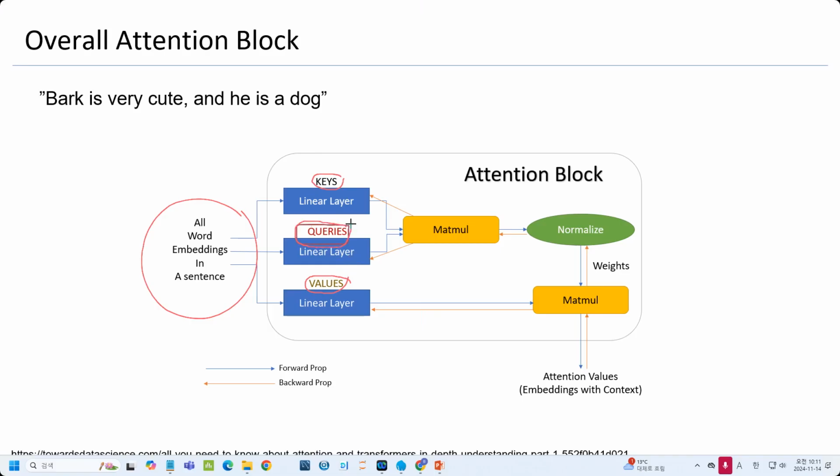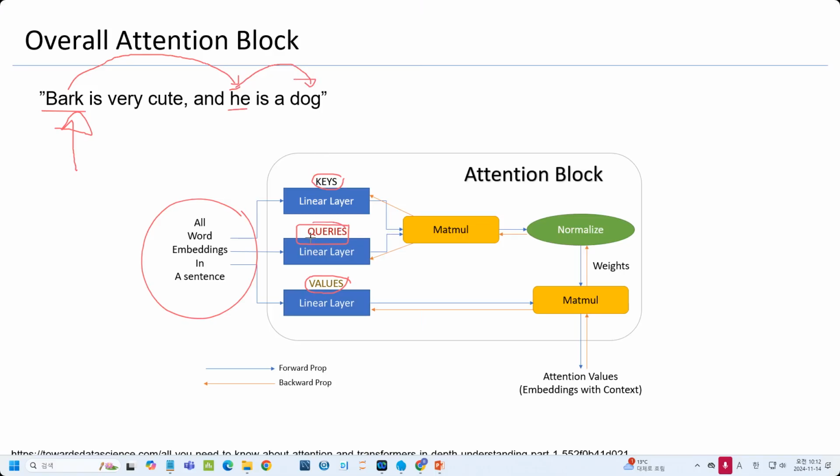The query means the word that might be relevant to other words. So let's say if I have Bob, this is one of the queries because I want to know whether it has some relevant word. I know there is a relevant word which is he, and another relevant word which is dog.